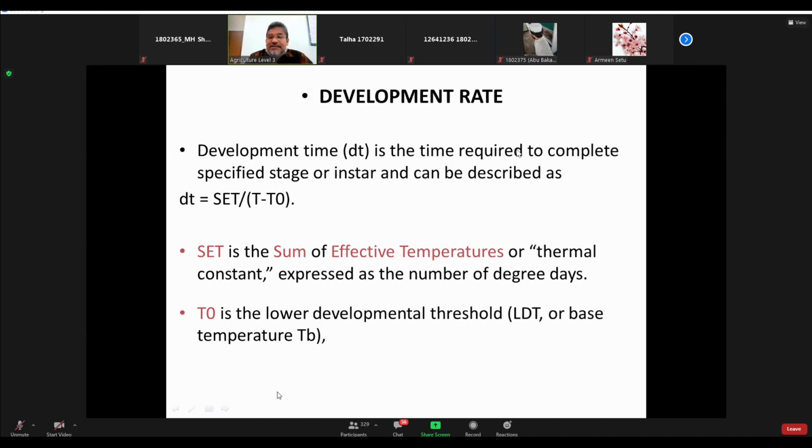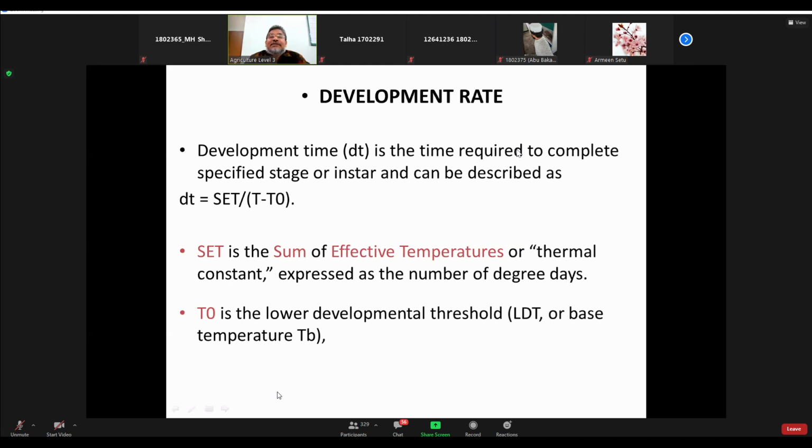We say first instar, second instar, third instar, fourth instar, fifth instar, larval instars or nymphal instars. How many days does an insect take to complete its first instar, its second instar, the total larval instars, its pupal stage, its total development.